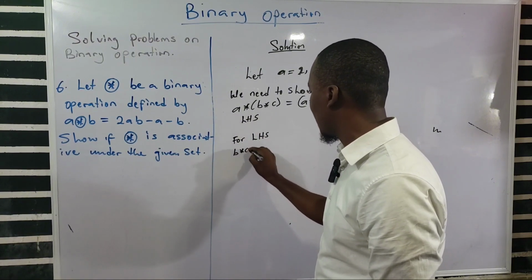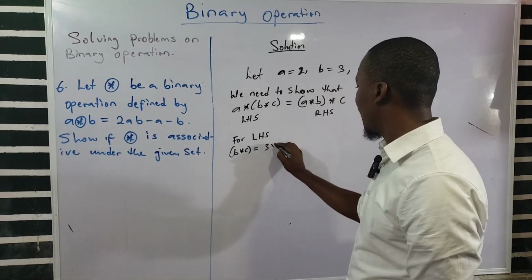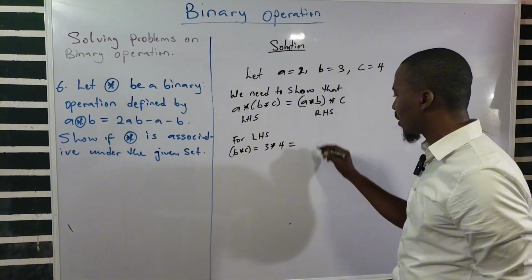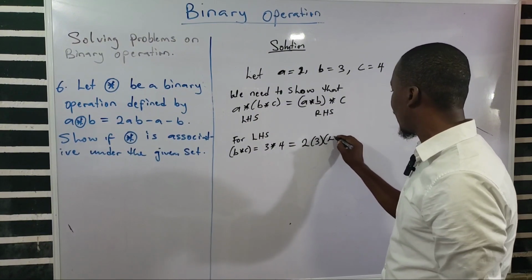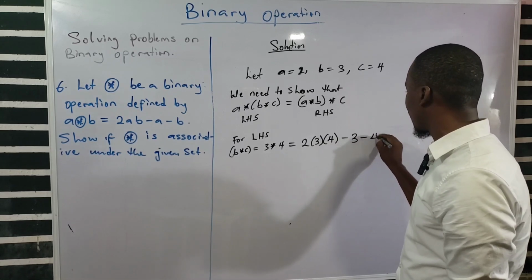B binary C will give us 3 binary 4, and obeying the rule of combination there, we have 2 into 3 into 4 minus 3 minus 4.